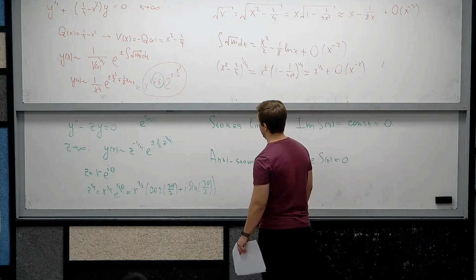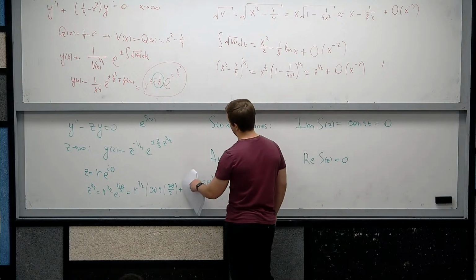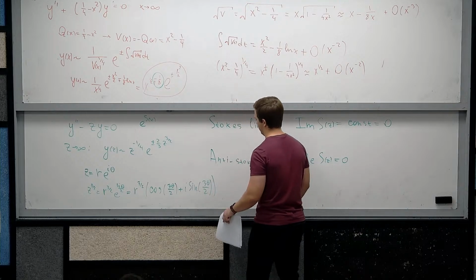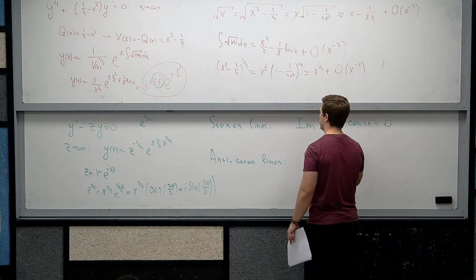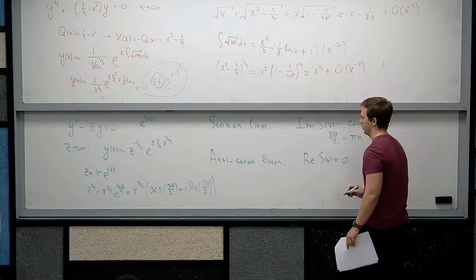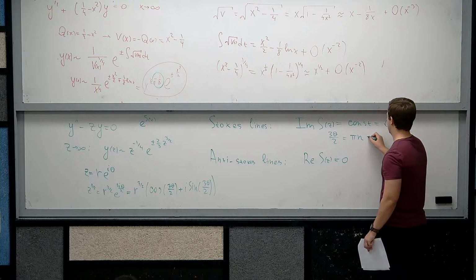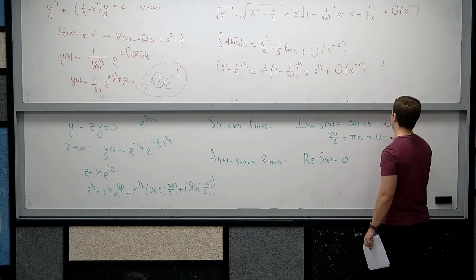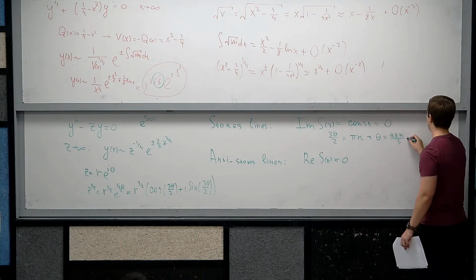And then to find the Stokes lines, we need to find at what theta angle this sine is 0. So 3 theta over 2 should be pi, and then theta is 2 pi over 3.